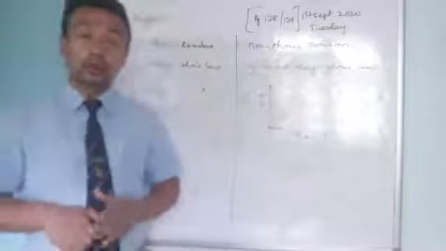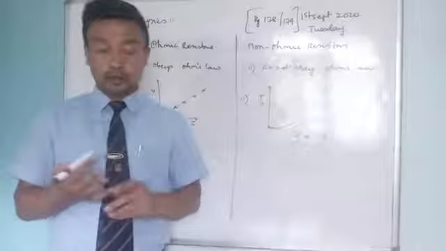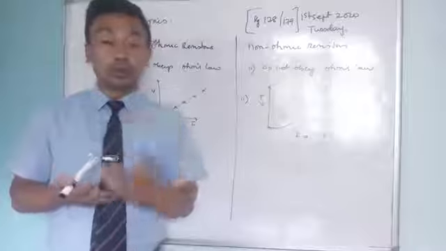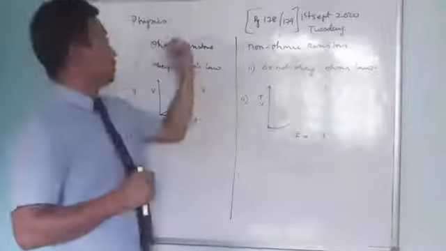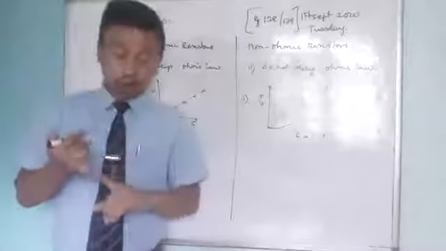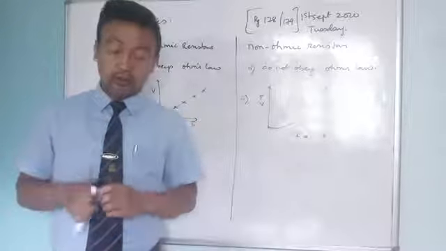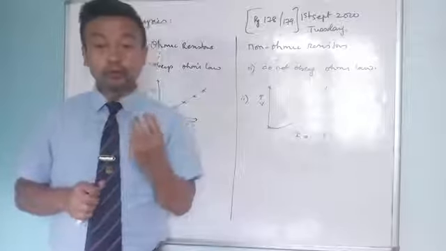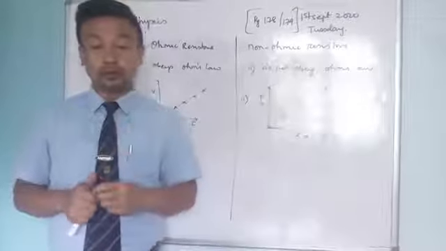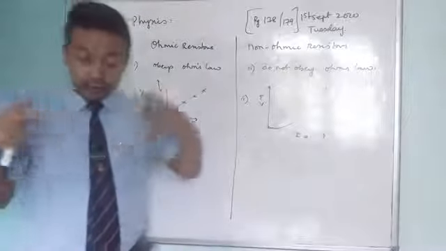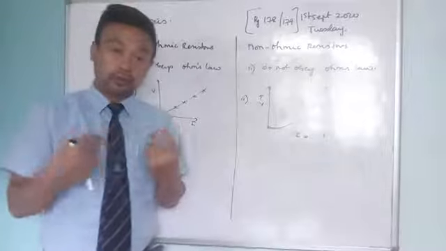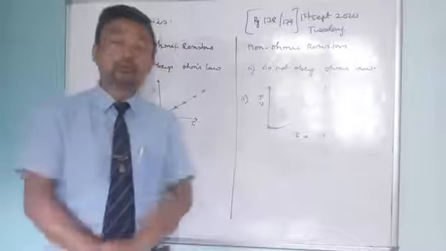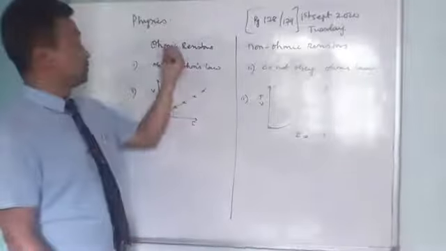Examples of ohmic resistors are many. You can take any of the metallic conductors like silver, aluminum, copper, iron, etc. All these metallic conductors are ohmic resistors. In addition, if you take a copper sulfate solution with electrodes, as in a cell or battery, that also comes under ohmic resistors.